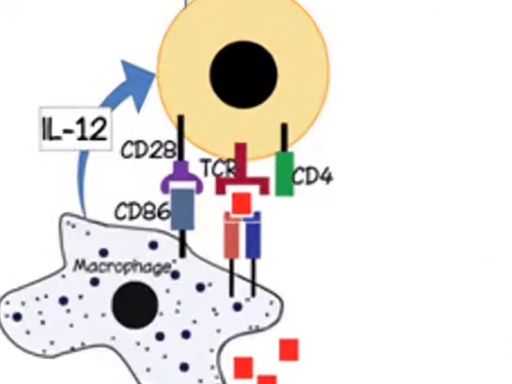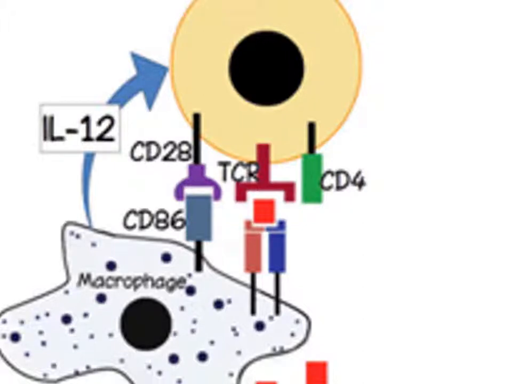This process requires CD86, CD28 matching and TCR MHC2 antigen connection together with the interleukin 12 that is produced by the APC cells.